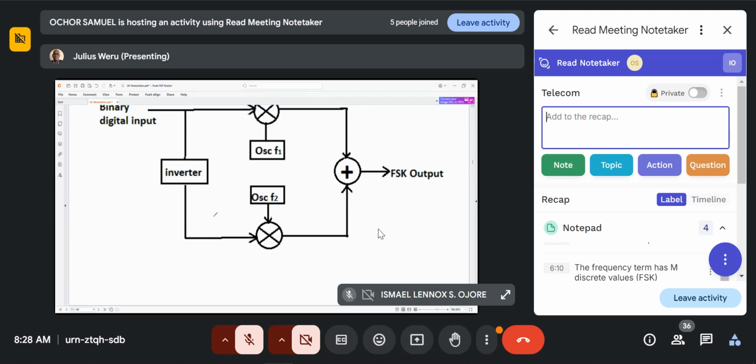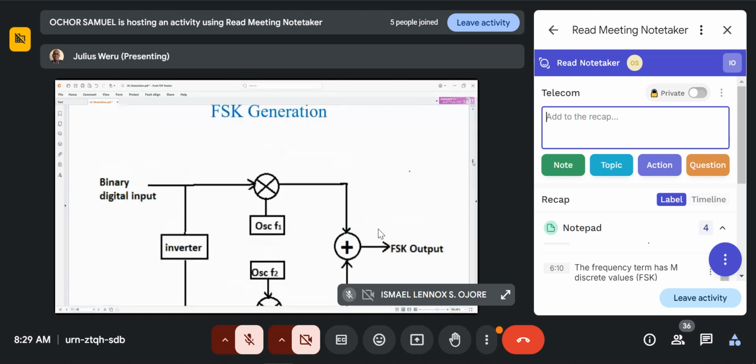This is how you generate it. Binary digital input. Although we don't draw most of the signals, sometimes we just put binary digital input.